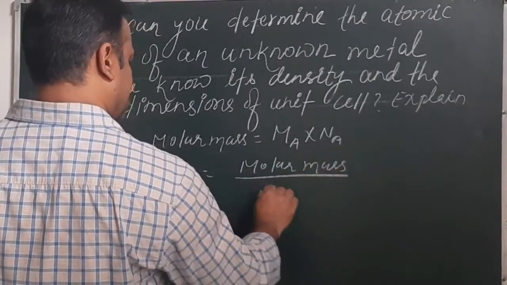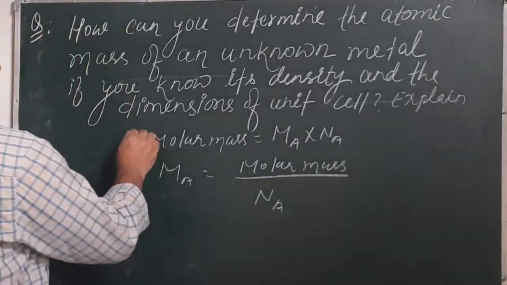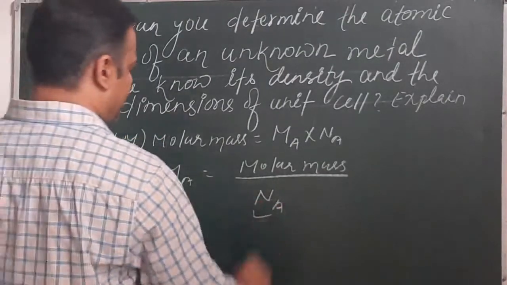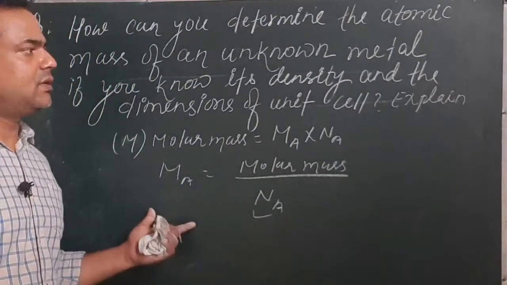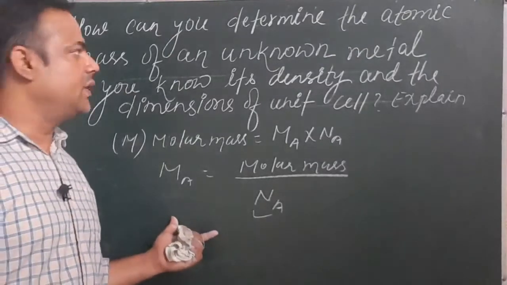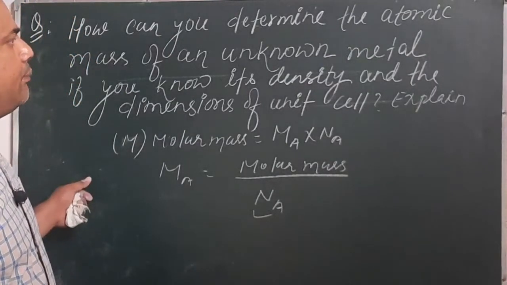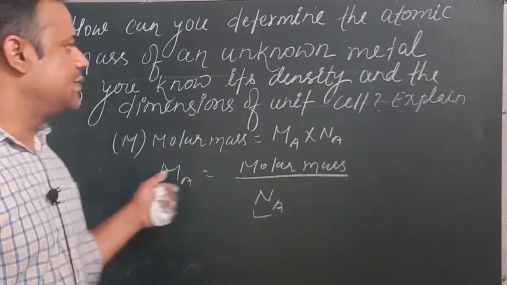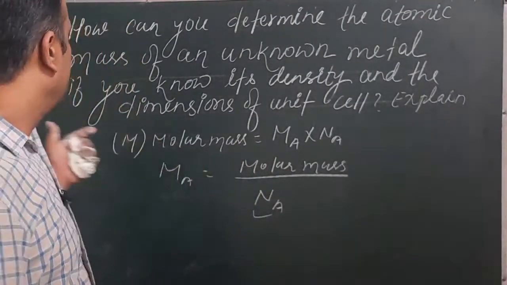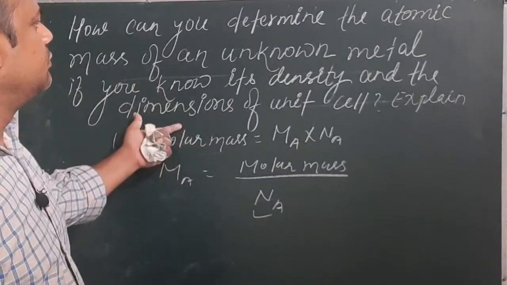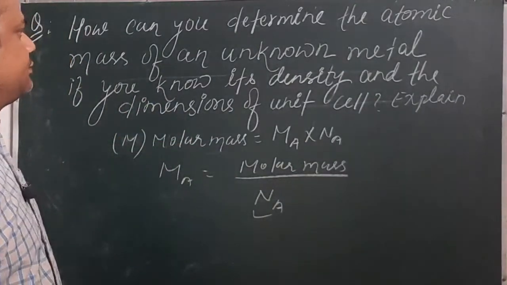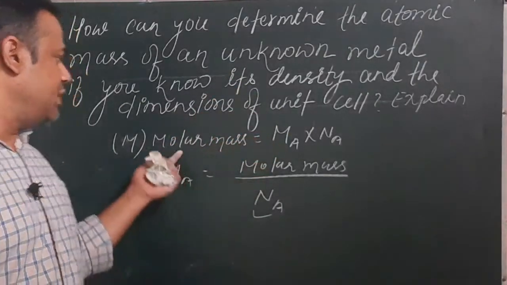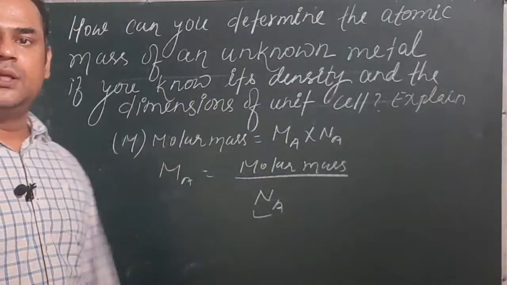So if we divide the molar mass M by Na, we can determine the atomic mass of that atom. So this is how we can calculate the atomic mass of a metal with the help of the dimensions of the unit cell as well as the density of that metal. If we know density, we can calculate molar mass, and with the help of molar mass we can calculate atomic mass.